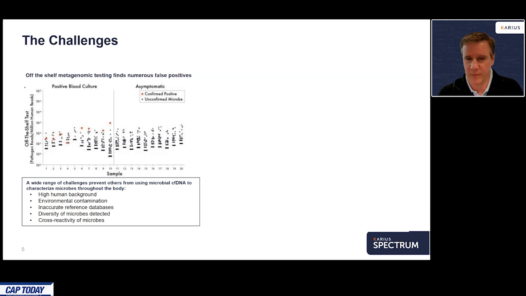I mentioned the high human DNA background, roughly a million-fold excess. One of the most difficult challenges is this environmental contamination. All of the reagents and surfaces that are going to touch the plasma specimen have fragments of microbial DNA that get mixed in with this endogenous signal derived from the plasma.